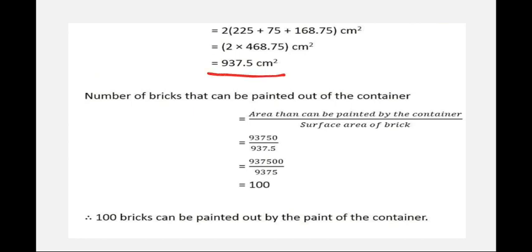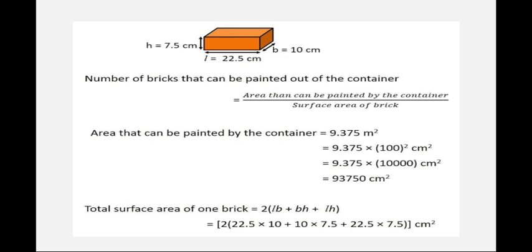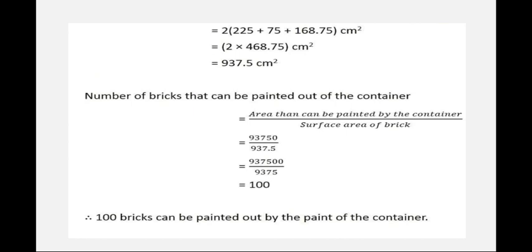To paint one brick you need this much paint. You now have the area you can paint by the container, which is 93750. So the number of bricks will be 93750 divided by the area of each brick.